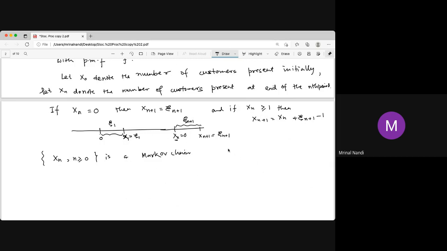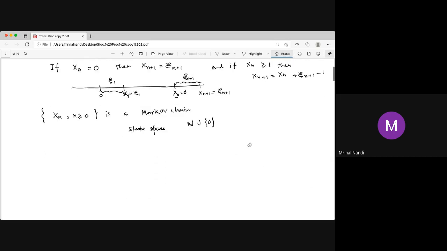So what is the state space? The state space is the non-negative integers, the natural numbers union 0, because 0 may be a state when there are no customers. And what is the transition matrix? The transition probability P from 0 to y is just f of y.